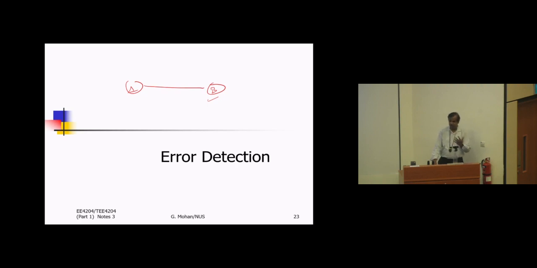Of course, it is also carried out at layer 3 at the IP router. That is a checksum, which you will be studying later. Similarly, a similar checksum based method is used in TCP also. So, error checking is done at multiple levels. But the strongest error detection is done at the link level.